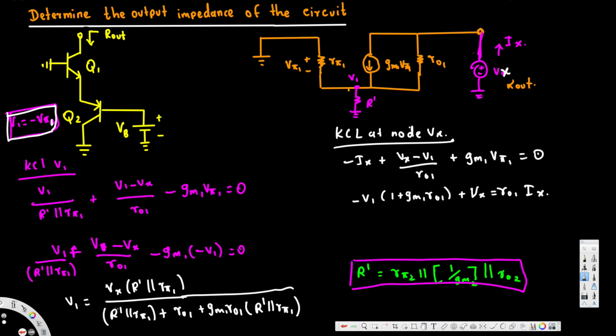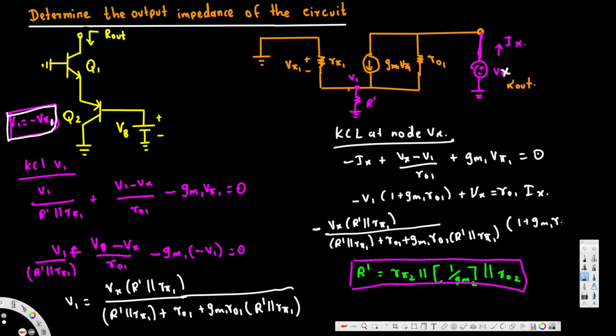And instead of V1 we are going to replace this, so this is going to look like minus Vx R prime parallel Rπ1 divided by R prime parallel Rπ1 plus RO1 plus gm1 RO1 R prime parallel Rπ1, and multiply that with 1 plus gm1 RO1, plus Vx, that is equivalent to RO1 Ix. Okay, finally that's all we have.